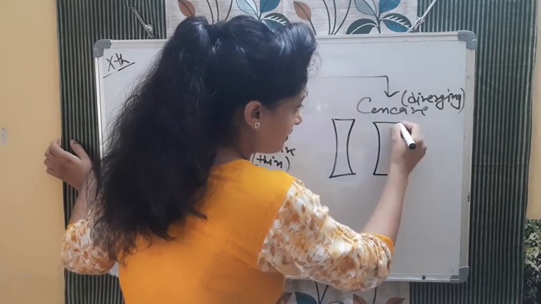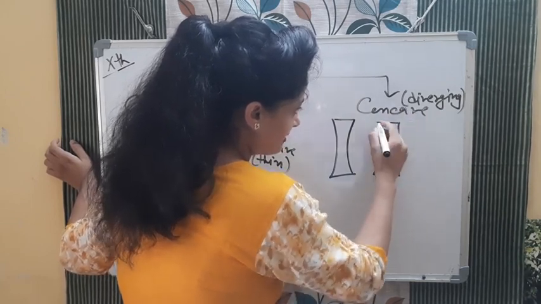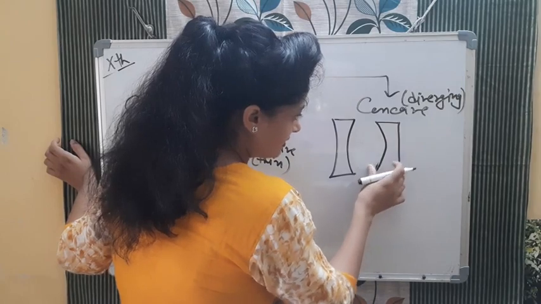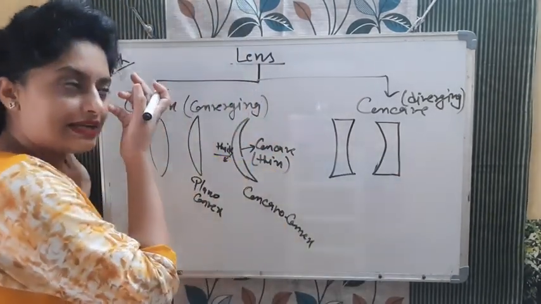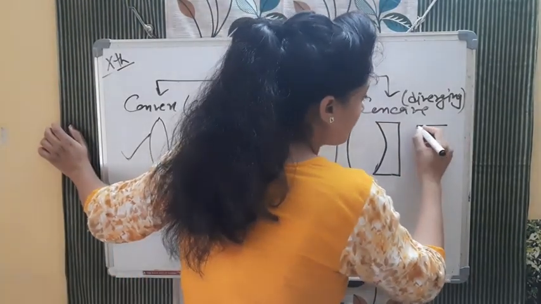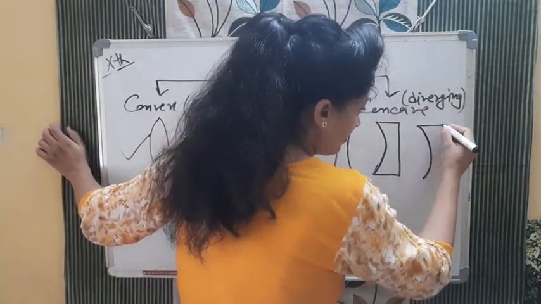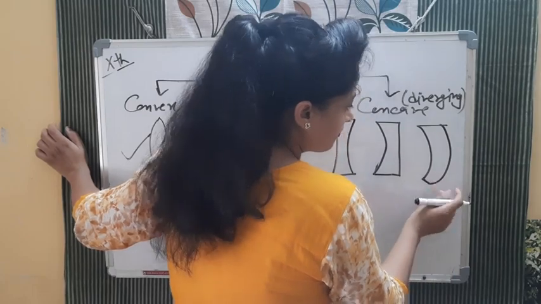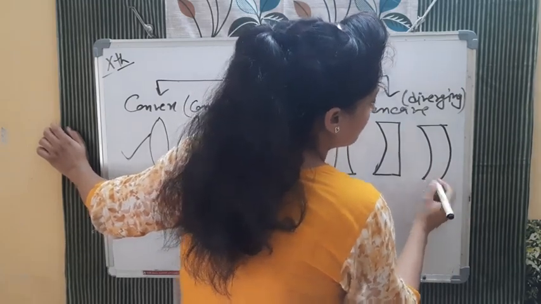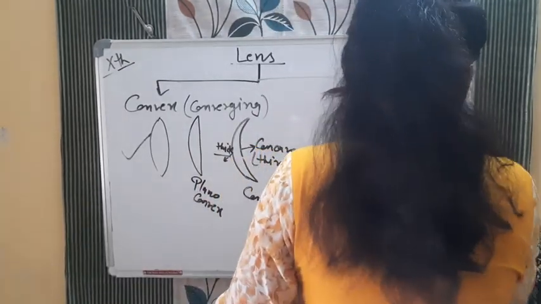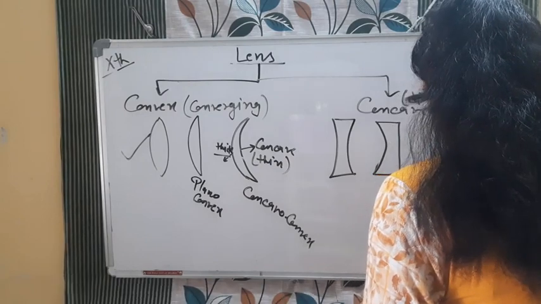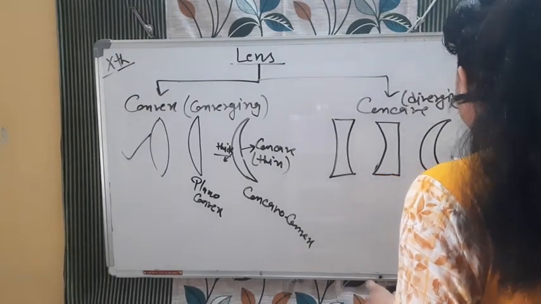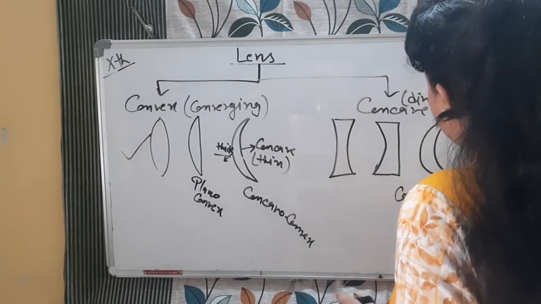But there is also plano-concave. It's like this. One side is spherical and one side is plane. And the third one is what? That will be again, what?